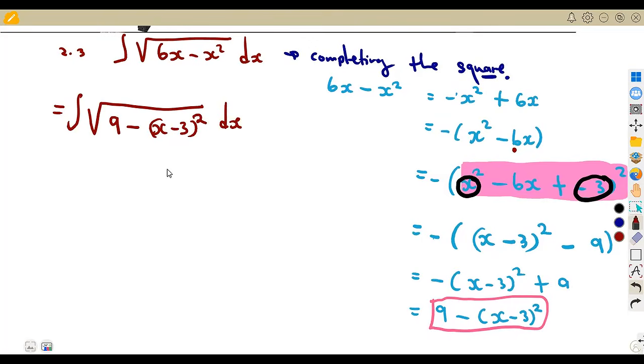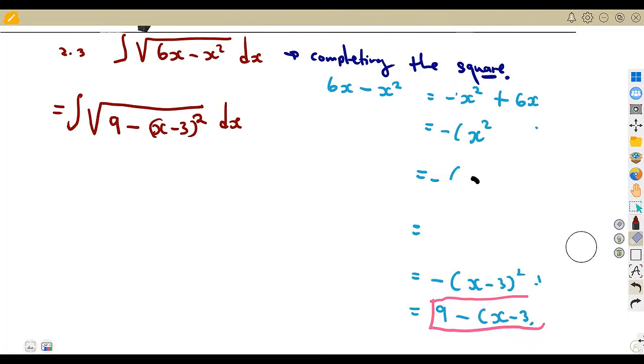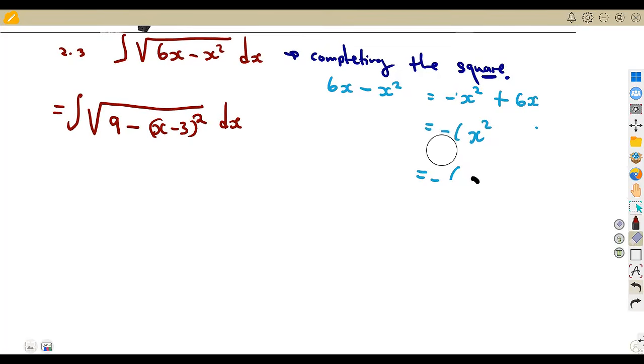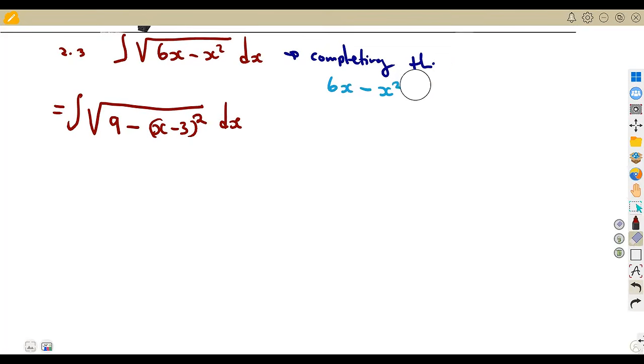That's it. So this whole part of completing the square was just there to guide us, and the whole concept is for us to integrate this after the application of the completing of the square method.